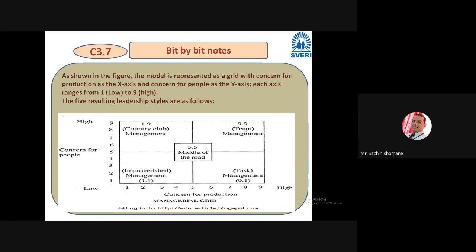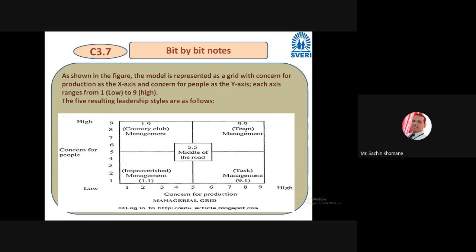And it is called improvised management. Similarly, task management: on the horizontal axis 9 is considered, and from the vertical axis 1 is considered. So this combination becomes 9.1. You have to always consider the x point and then the y point. So from the x axis 9 is taken, from the y axis 1 is taken, that's why it becomes 9.1. So it is task management.